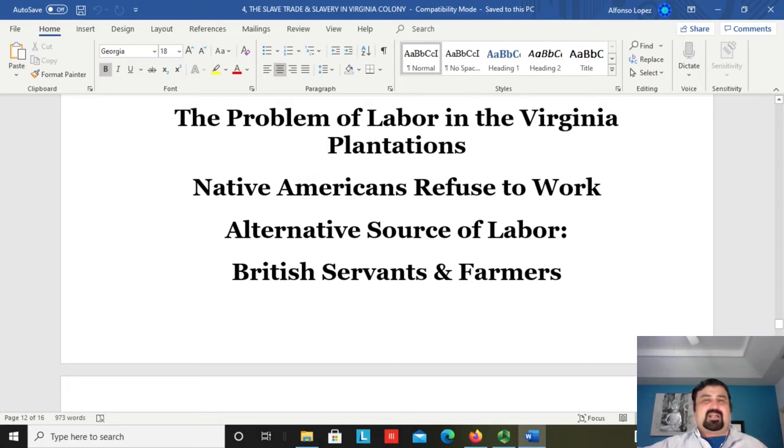So the colony was indeed a tobacco company. Many of the settlers are going to actually own the plantations, and the plantation owners themselves are like shareholders of the company, by the way. They're coming from England.